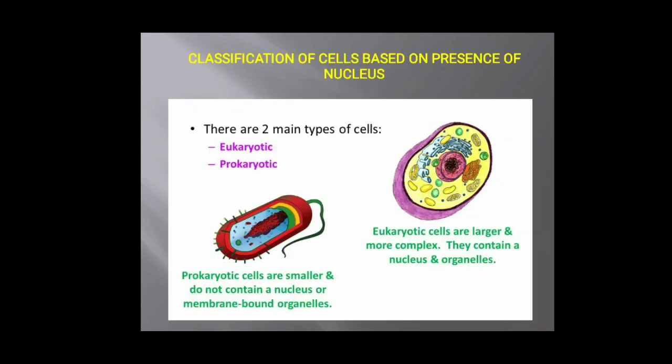Based on the presence or absence of an organized nucleus, the cells are divided into two types, that is prokaryotic cells and eukaryotic cells. As you can see here, prokaryotic cells do not contain an organized or membrane-bound nucleus, but eukaryotic cells contain an organized, membrane-bound nucleus.